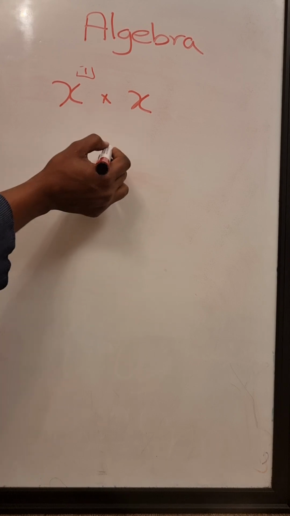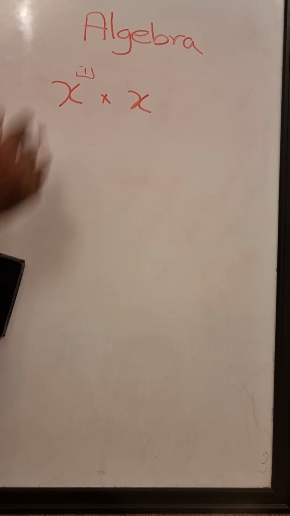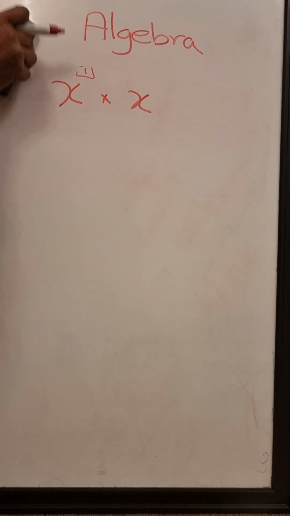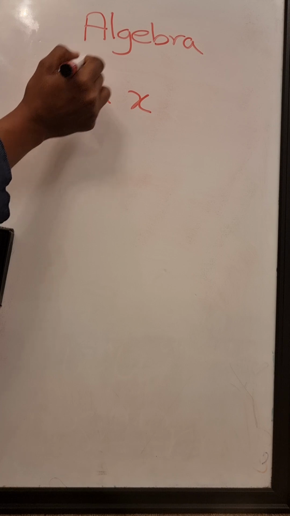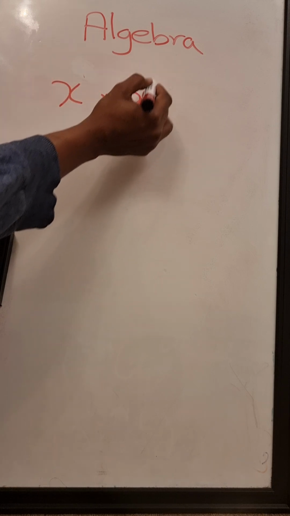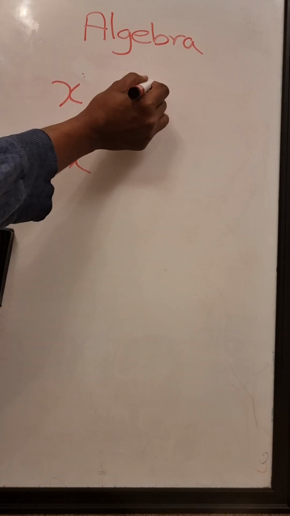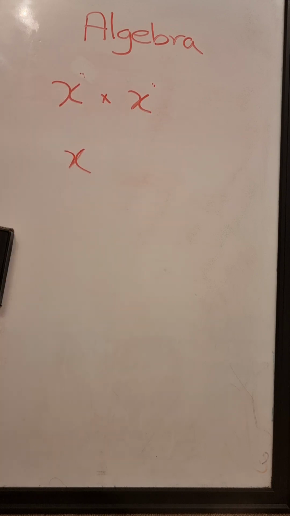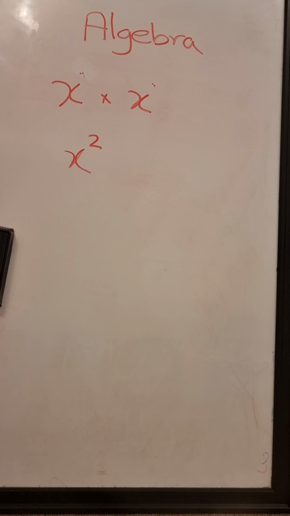We don't usually write the power when the power is 1. So x, if I didn't specify the power, we know it's to the power 1. Times x to the power 1, we write x and we add the powers. So 1 plus 1 is 2.